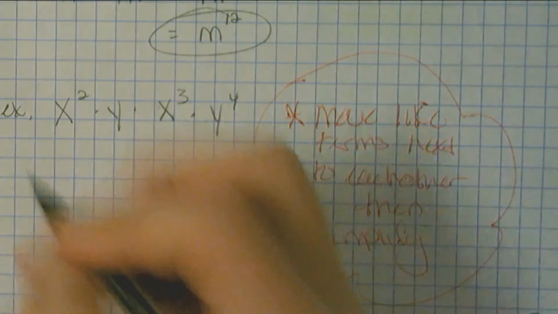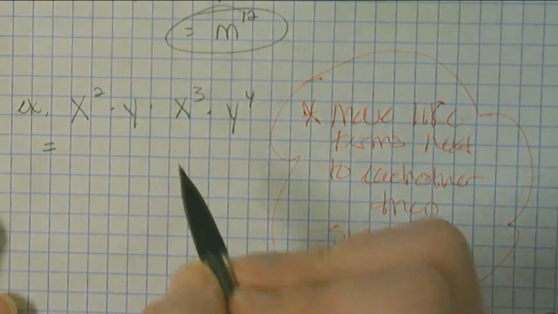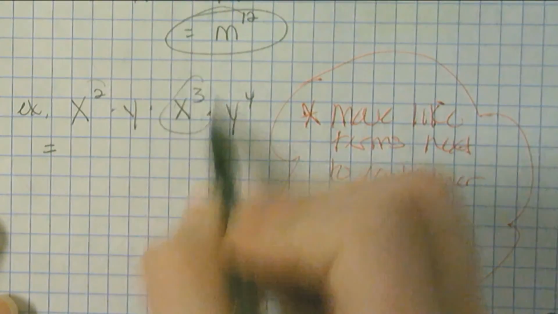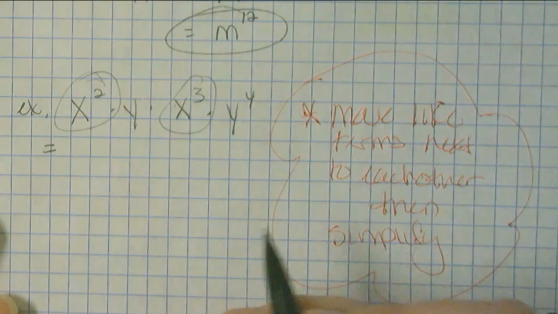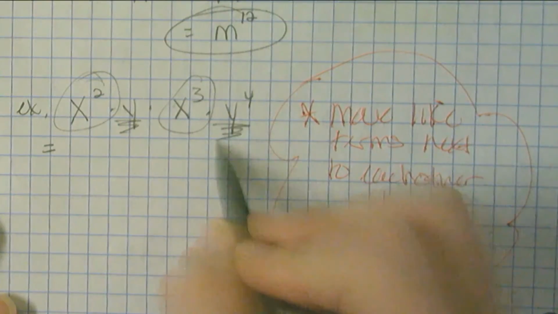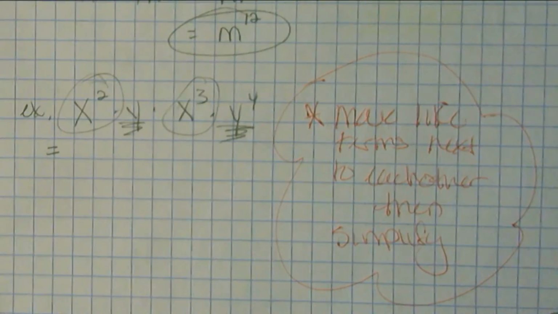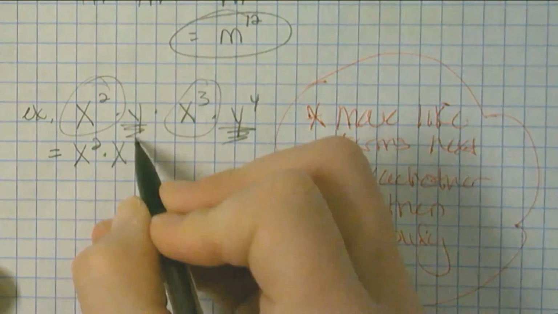So what does that mean here? What are my like terms here? Michaela? X cubed and x squared. What else? Excellent. So move those next to each other.